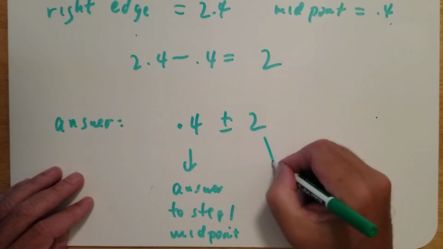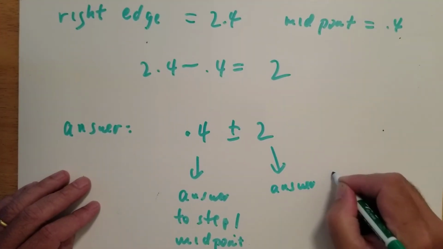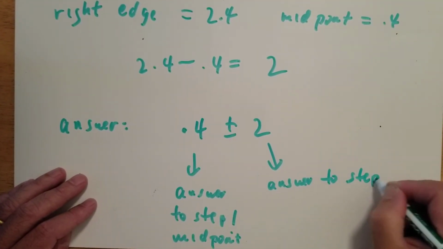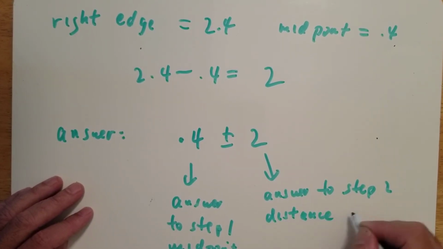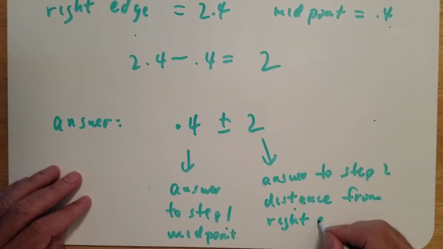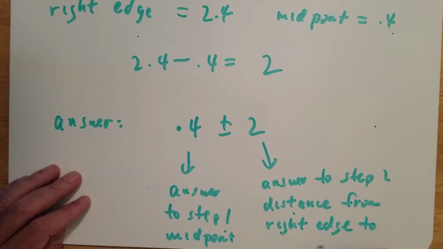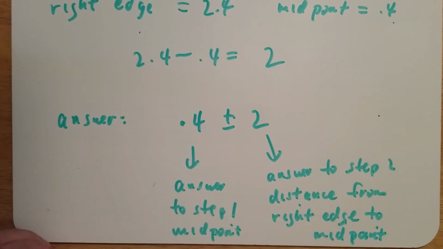And this 2 came from the answer to step 2, which was the distance from right edge to midpoint. And that's what's called the plus minus notation.